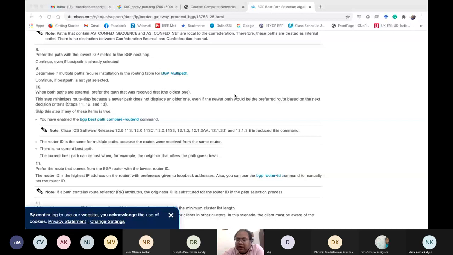There is something called a BGP looking glass. This BGP looking glass is a kind of public BGP database that is maintained by RIPE Atlas.